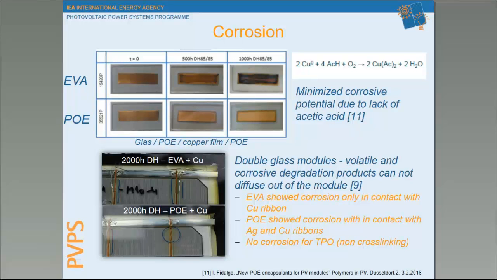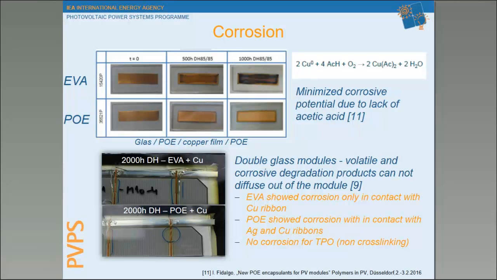But, and that's also the interesting thing, we did some studies with exactly the same material, and when we put this in a double glass setup, we actually found corrosion effects also for this polyolefin encapsulant. So that means not only acetic acid may cause corrosion, it's a very obvious source of corrosion, but even when you don't have this acetic acid present, copper especially can corrode by other mechanisms.